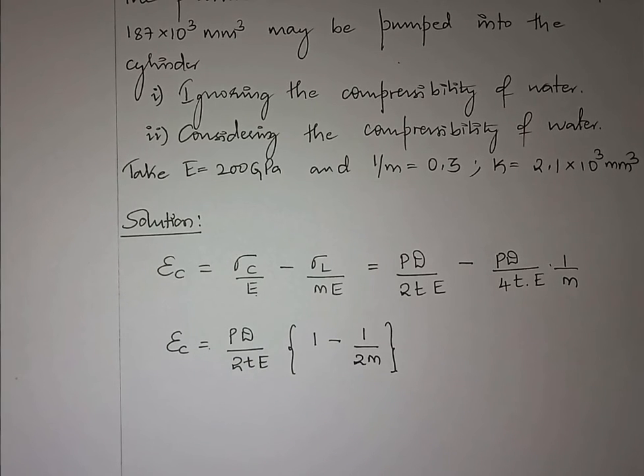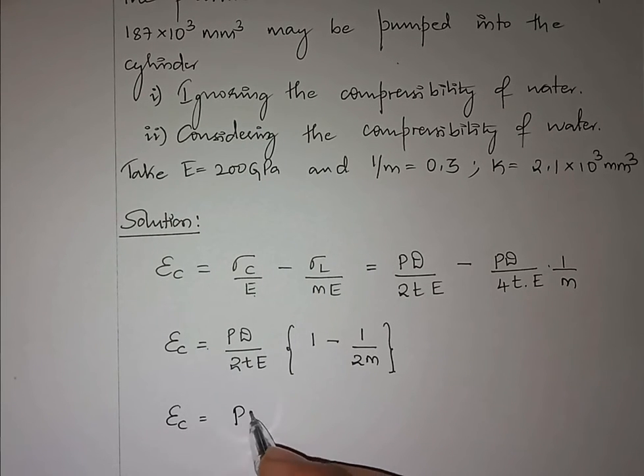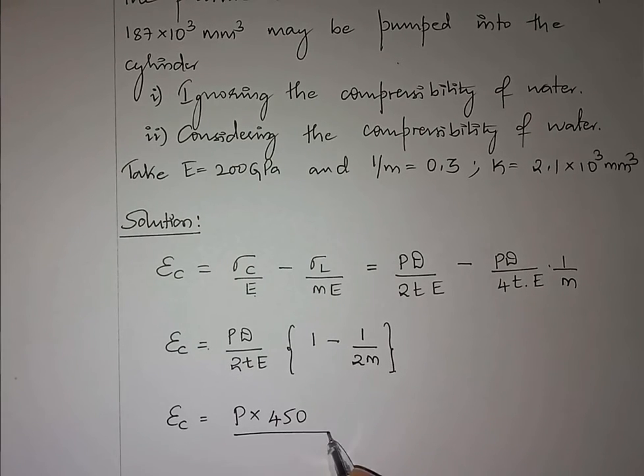So now I'll be substituting the values here. Therefore epsilon C is equal to, value of P is unknown, I'll keep it as it is, and diameter is given to me as 450 so I'll substitute it. Value of 2 is constant. Thickness is given to me as 12.